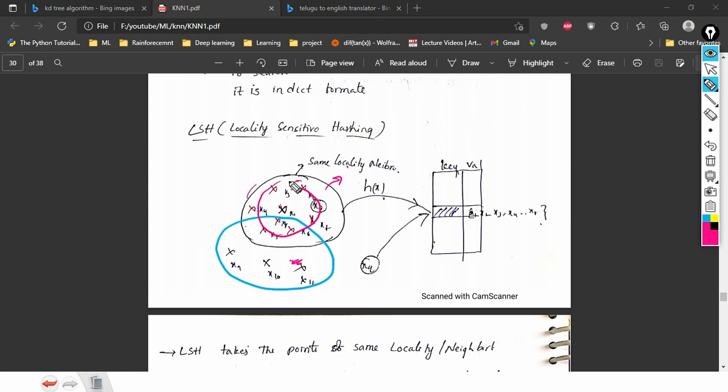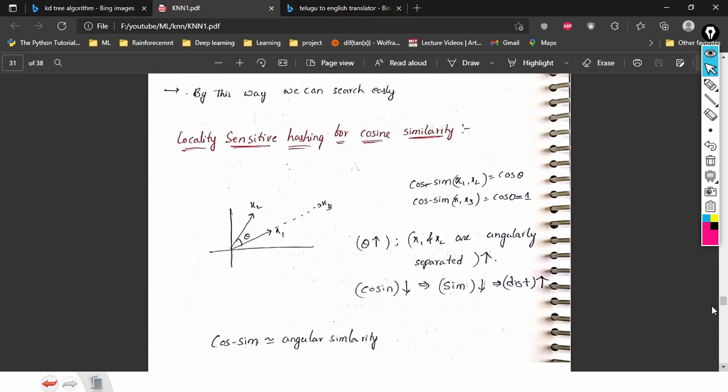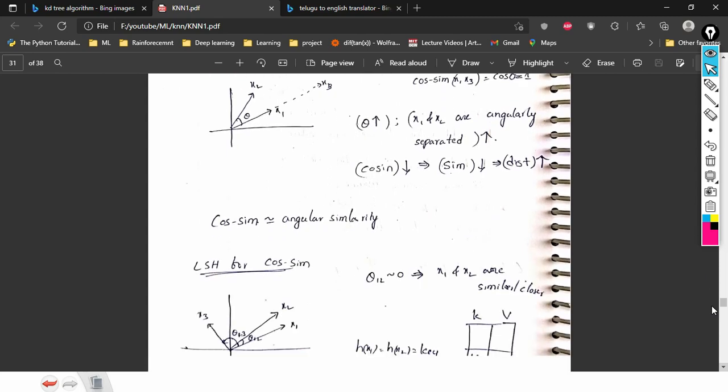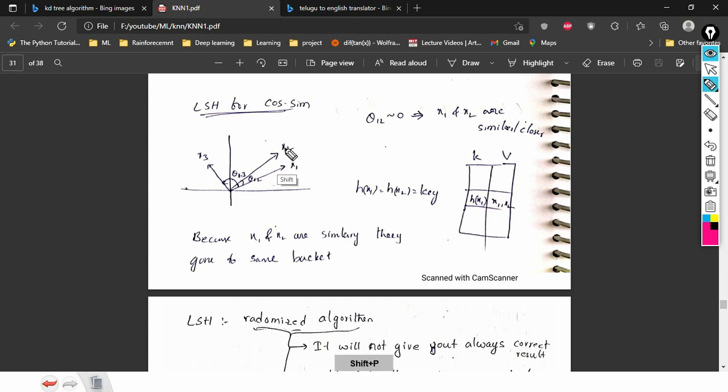But how can we get these regions? For this we have three different techniques, which we will see now. One technique uses cosine similarity. The cosine similarity gives us a cos theta value, and based on the cos theta value we create a hash function.